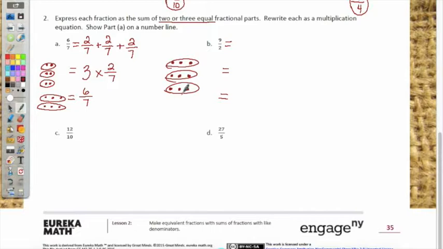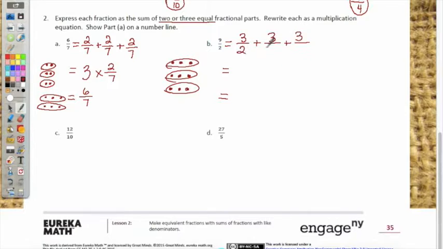Do you see where I drew it? I think you should have room right there. Okay. So now, all I have to do is separate my 9. And what did I say it's going to be? 3 plus 3 plus 3.